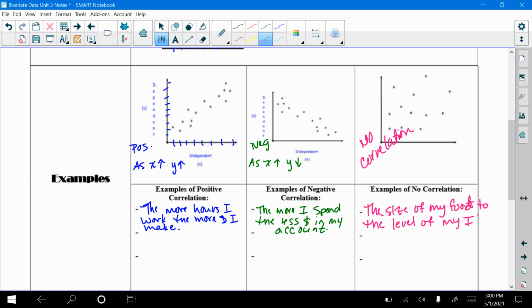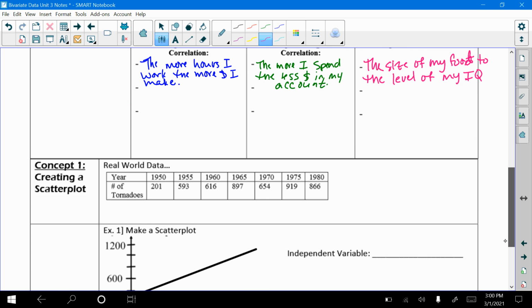All right. And there are a whole bunch of things like eye color and how old you are.